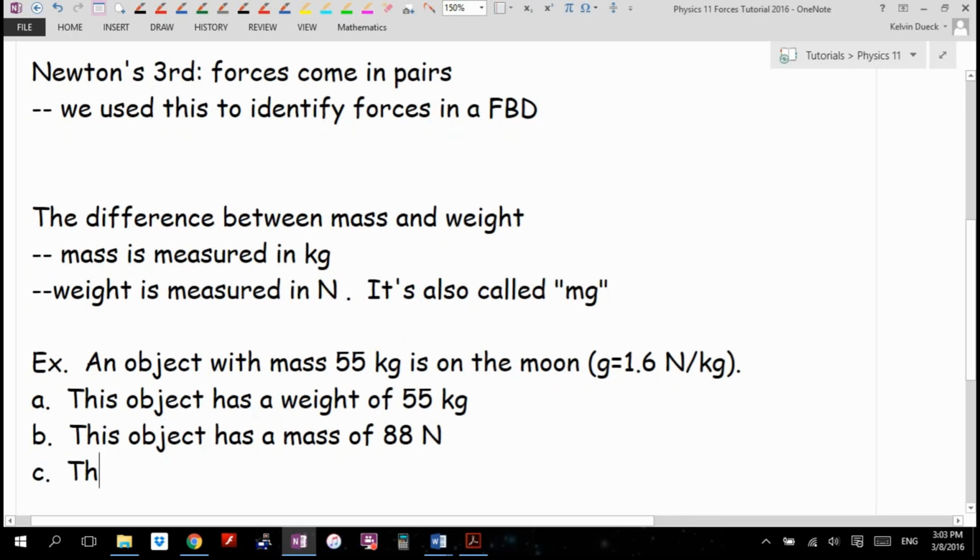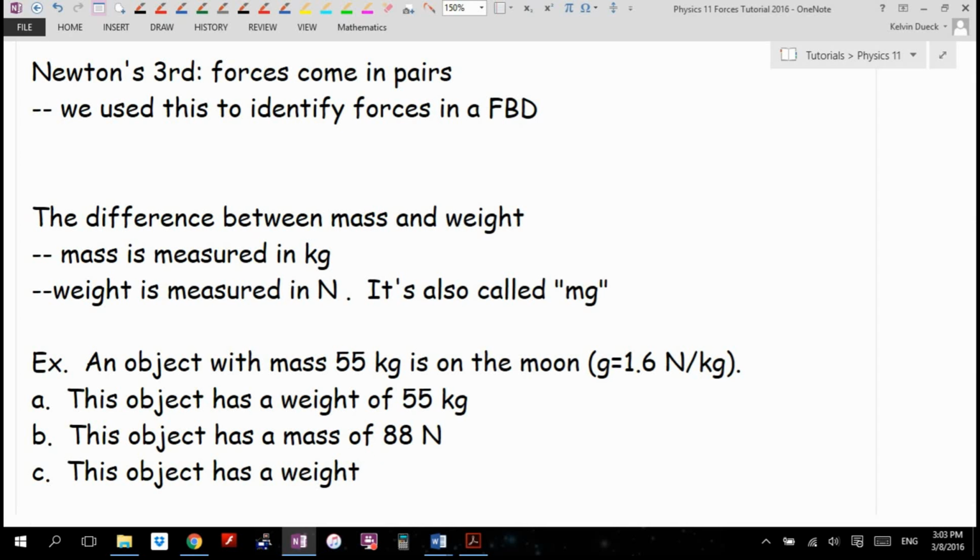C, this object has a weight of, and then I'd probably go 55 times 9.8, 545 newtons. I just realized this thing has a built-in calculator. That's kind of cool.